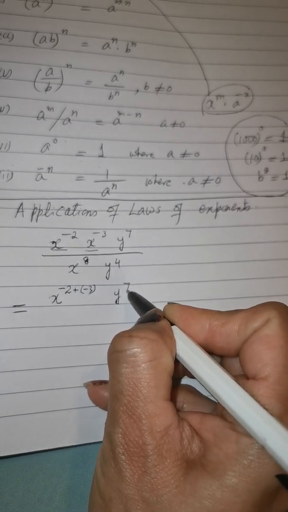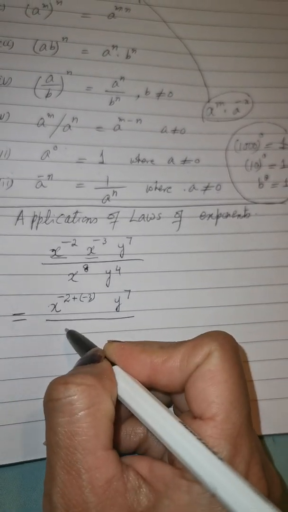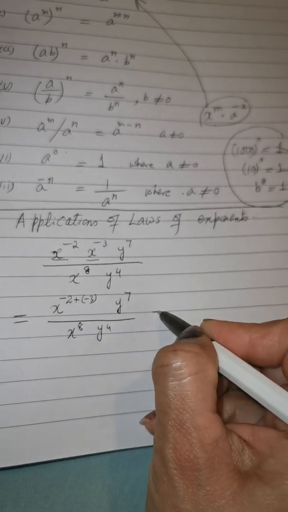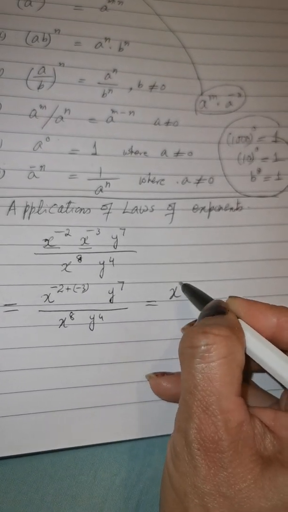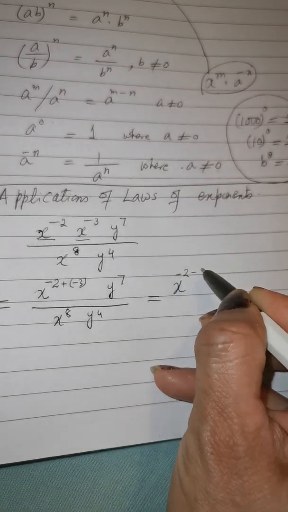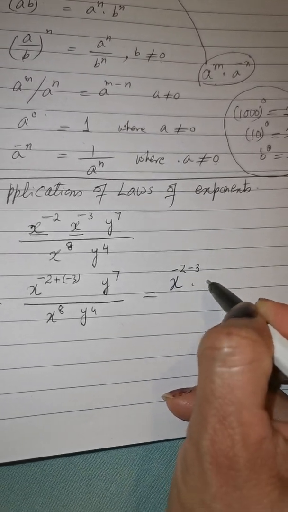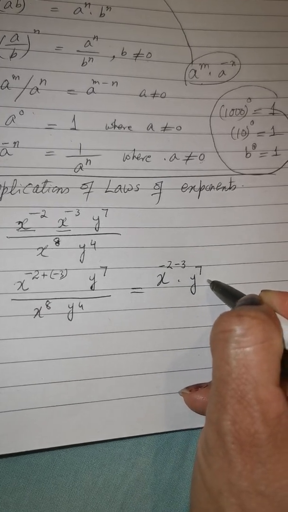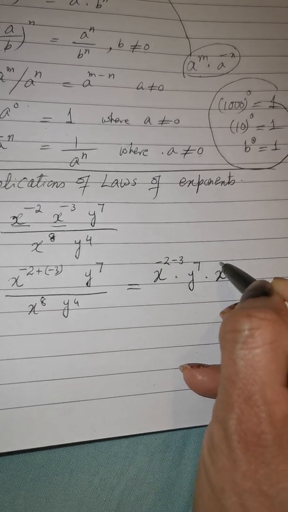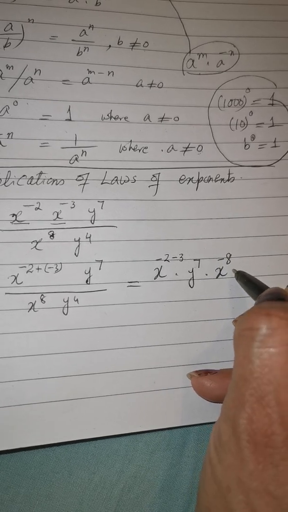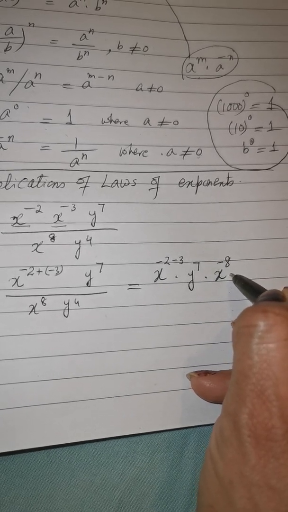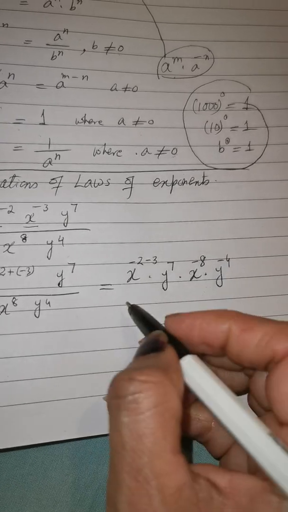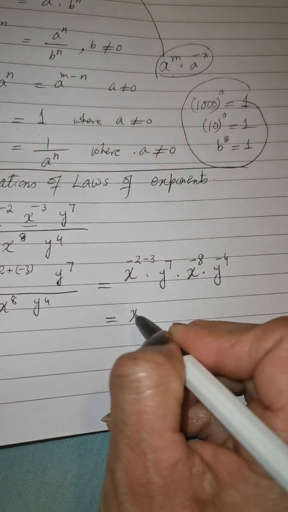First step, next, add their powers. I am going to make the denominator the numerator. X power 8 will become minus 8, and y will change its power, it will become minus 4, right?